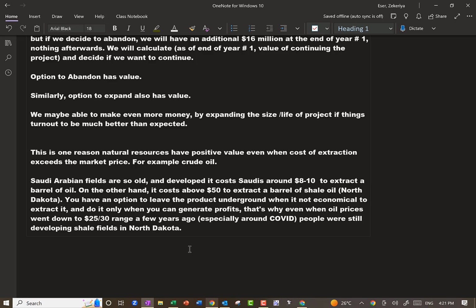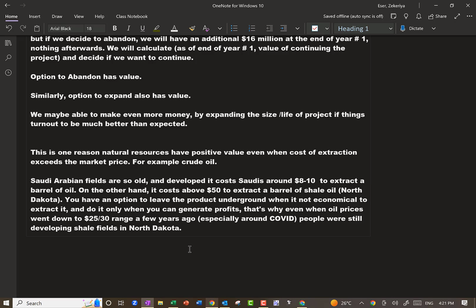And the boom of North Dakota is pretty much coming from that. Yes, they did suffer. The economy suffered because suddenly that employment that goes with the actual extraction wasn't there. But that didn't mean that those fields were actually completely worthless.